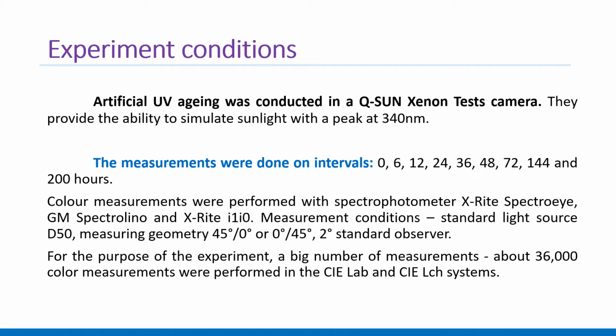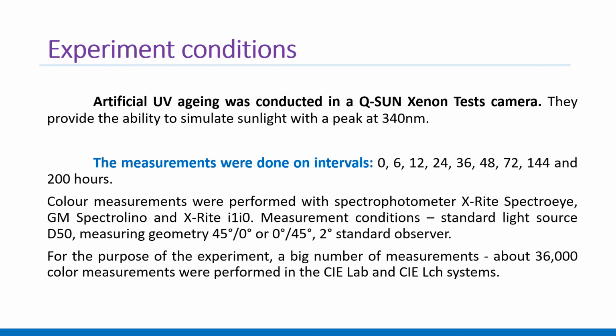We have made artificial UV aging with a QSUN xenon test chamber, and it is important that the measurements were done at intervals starting of course from 0, 6 hours, 12 hours, 24 hours, and up to 200 hours of irradiation with UV light.